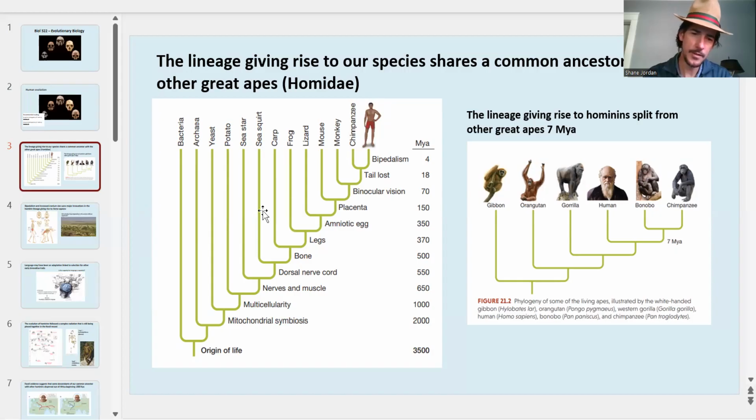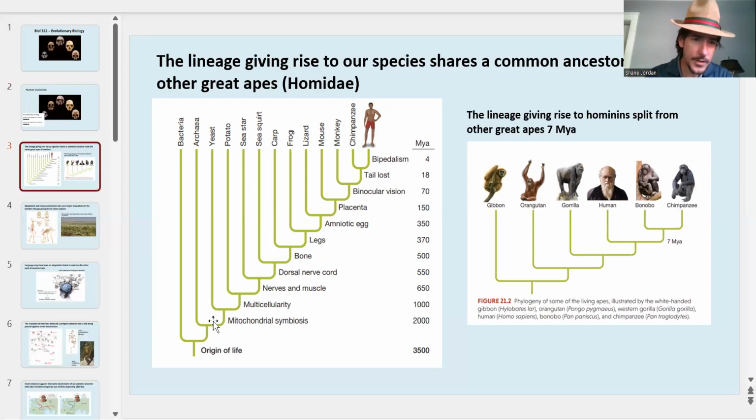And of course, we can see all of these various characteristics that have evolved over long periods of time, giving rise to multicellular organisms, giving rise to more complicated things like the nervous system, the vertebrae, the tetrapod form, amniotic eggs, the placenta, which is unique amongst certain lineages of mammals, binocular vision, loss of a tail, and finally bipedalism.